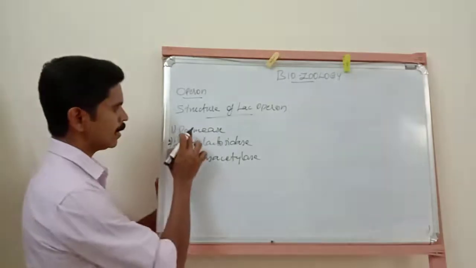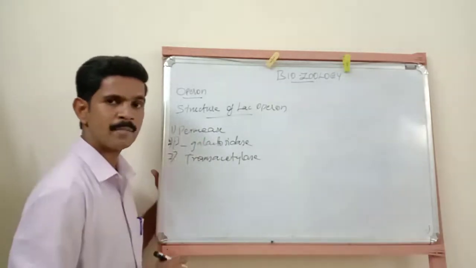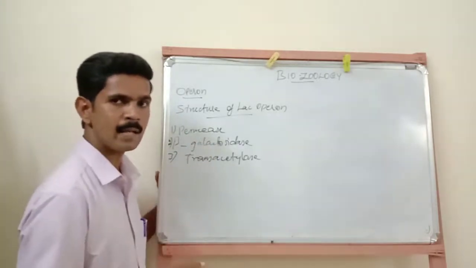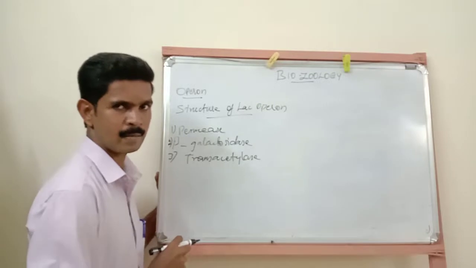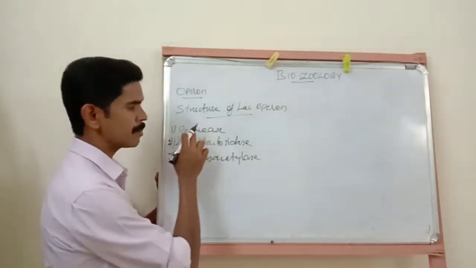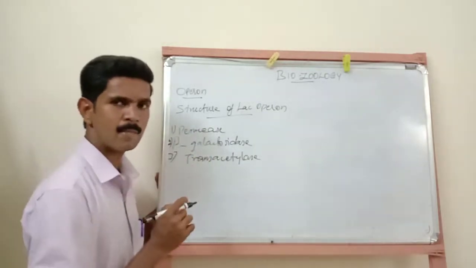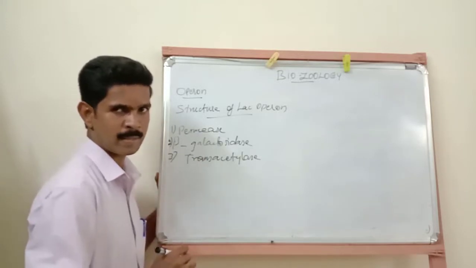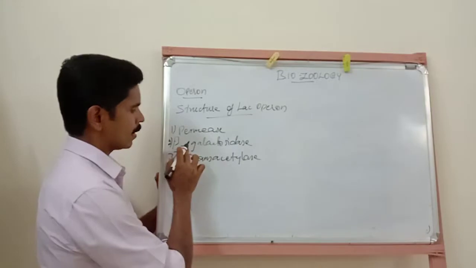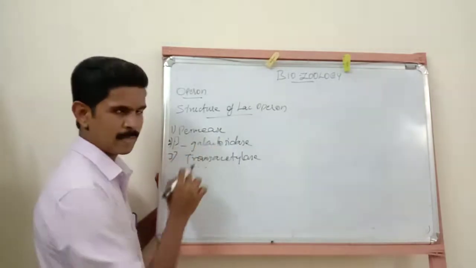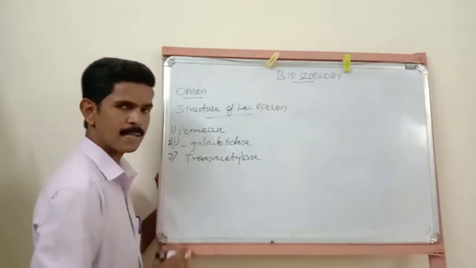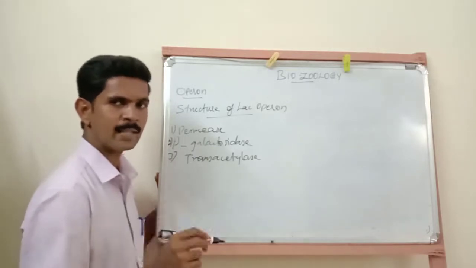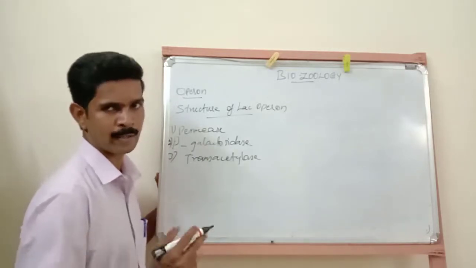This permease enzyme is very important. It is needed for the entry of lactose inside the bacterial cell. It only allows the lactose molecule inside the Escherichia coli cell. Second, the function of beta galactosidase is to convert, or divide, the lactose into glucose and galactose.